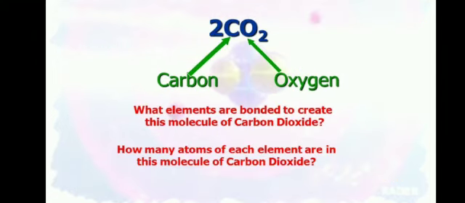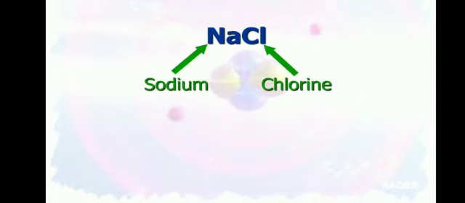See here, for example, carbon dioxide. This represents how many atoms of carbon and how many atoms of oxygen are there. These combine to form a molecule called carbon dioxide. This is NaCl, which is sodium and chlorine. 1 atom of sodium and 1 atom of chlorine combine together to form a molecule, sodium chloride.